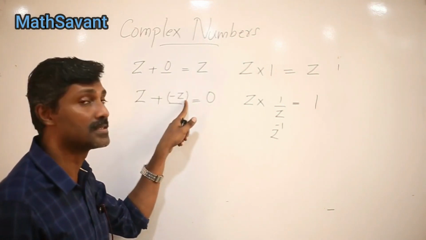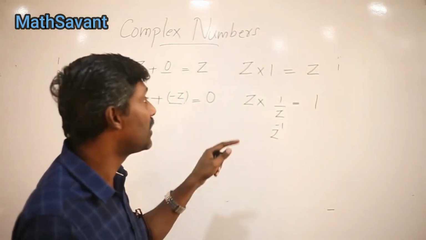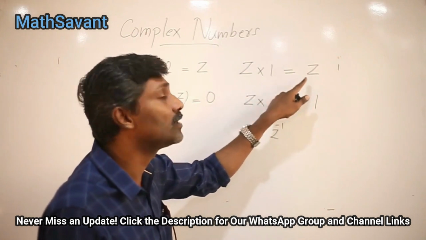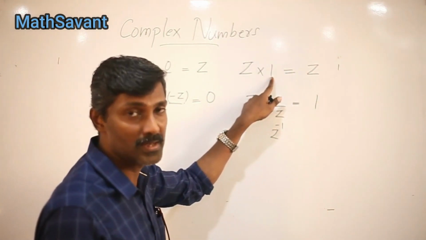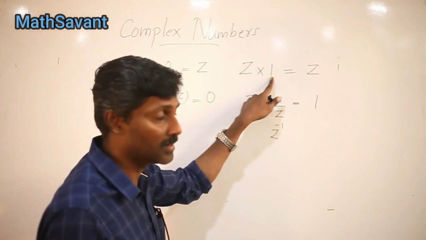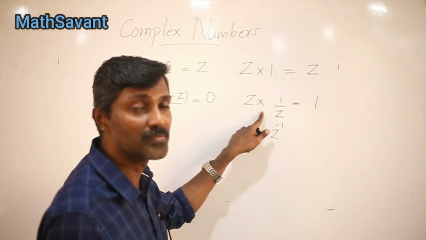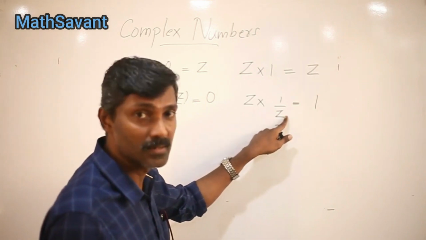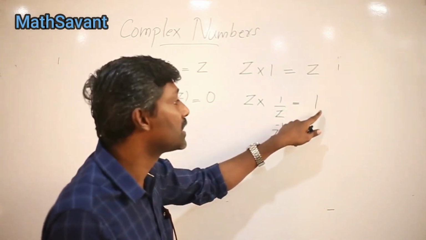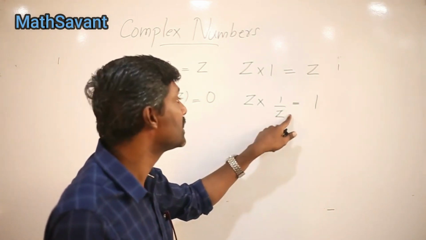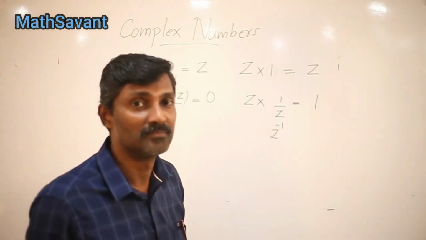Now coming to the multiplicative identity, Z into 1 gives you Z. So 1 is the multiplicative identity of a complex number Z. And what is the multiplicative inverse of Z? It is 1 by Z, because Z into 1 by Z will give you the multiplicative identity 1.